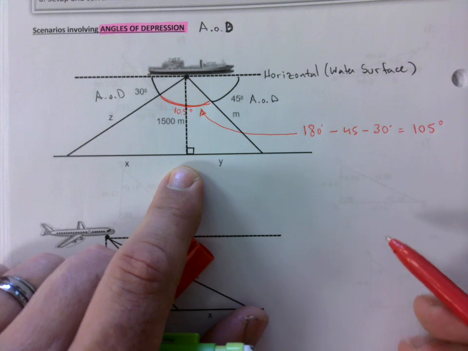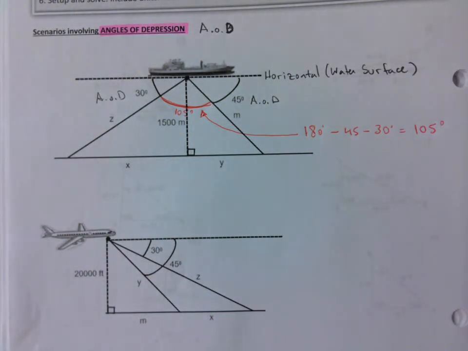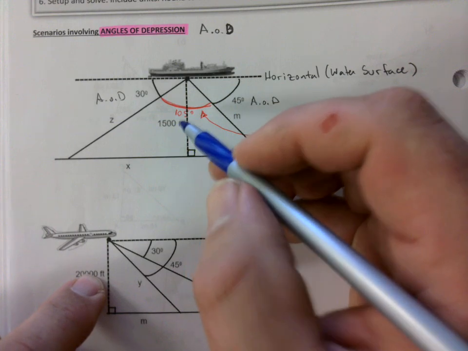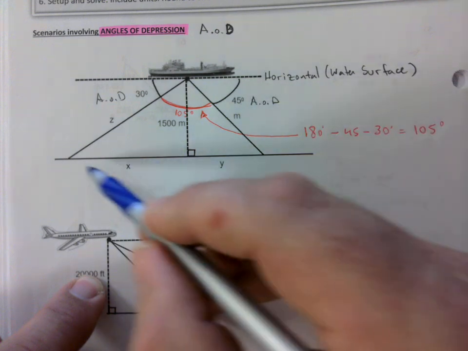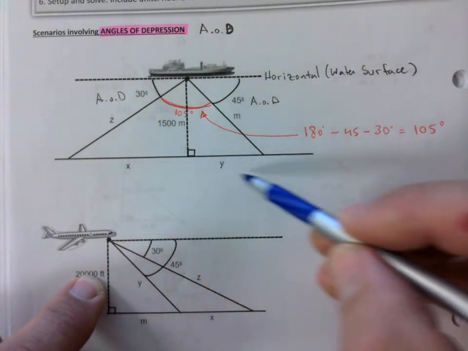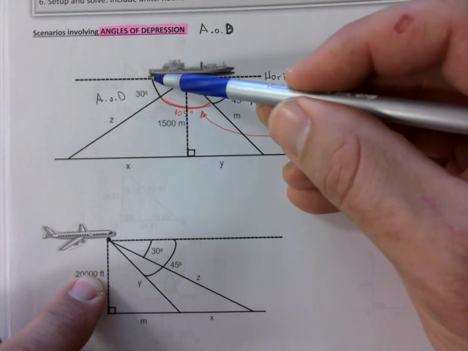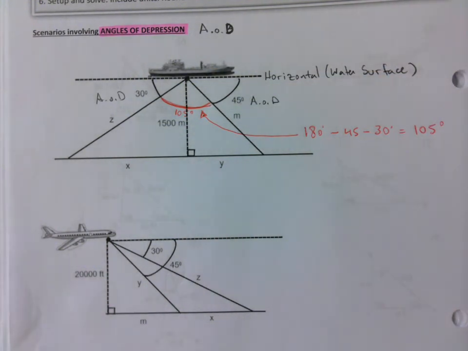Okay. Another one, I'm going to use a different color pen here. Do you remember alternate interior angles? This is the surface, this is the water surface, and this is the bottom of the ocean, or of the lake, river, what have you. What do you think these two lines, we would consider them parallel, even though not always, right? The ground isn't always perfect, but in this diagram it is.